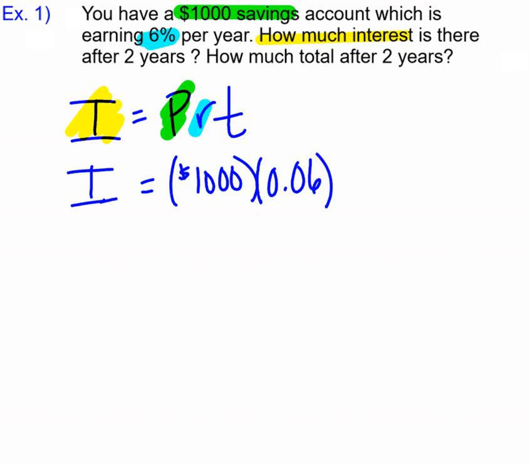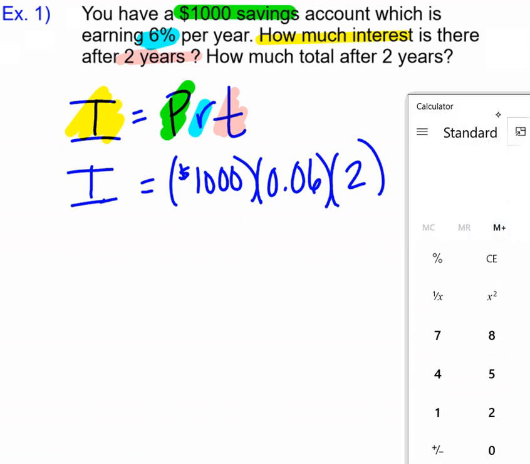Here we have time, and since it's in years already, which is great because we need it in years, we're going to put times 2. So basically the interest is going to be the principal, $1,000, times the 6% per year, which is 6 hundredths, times 2 years.